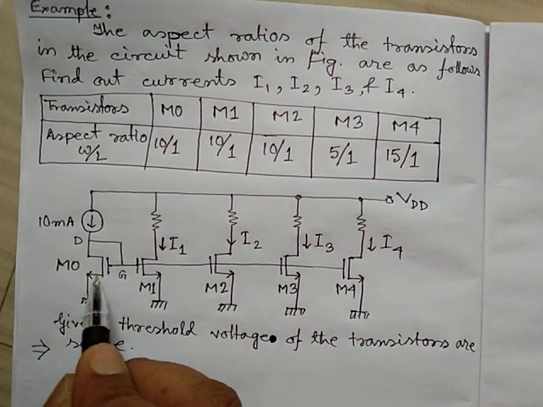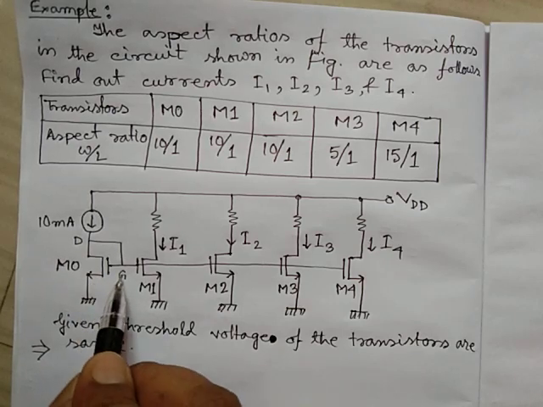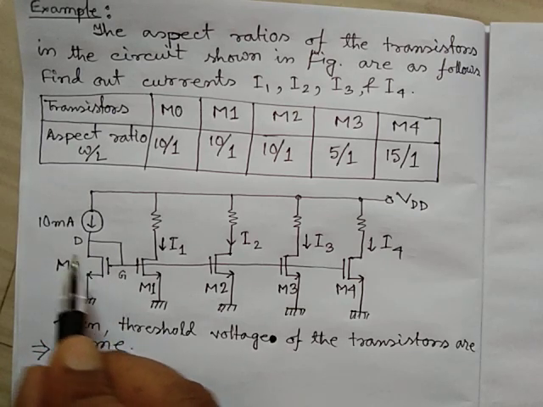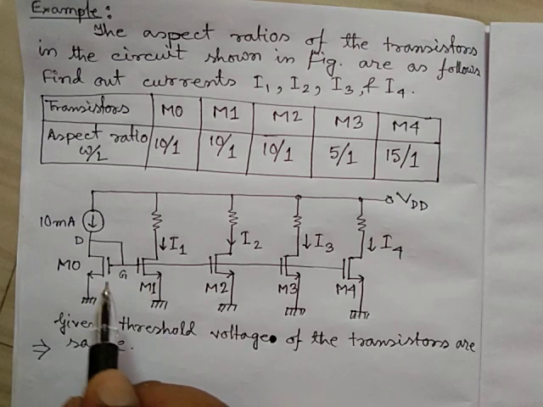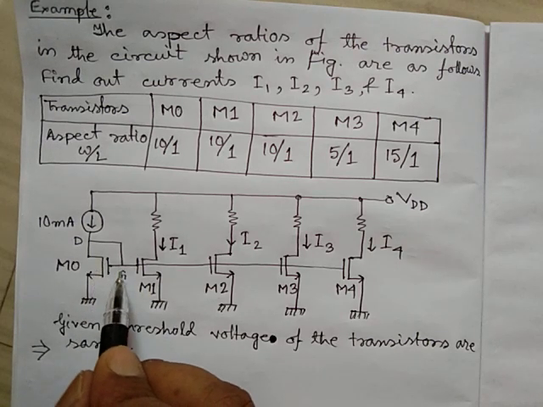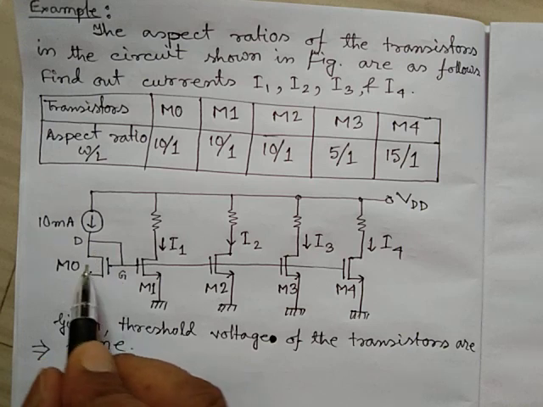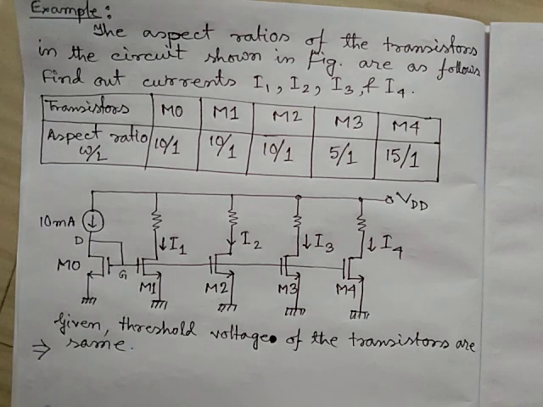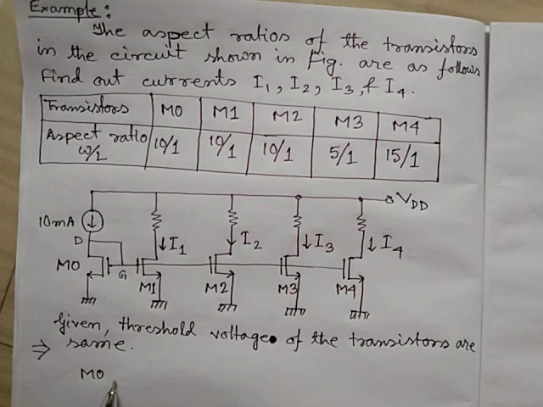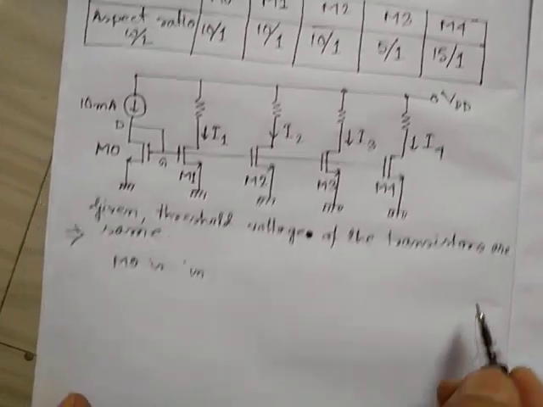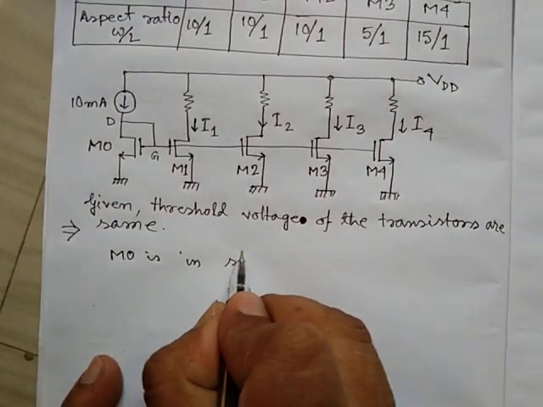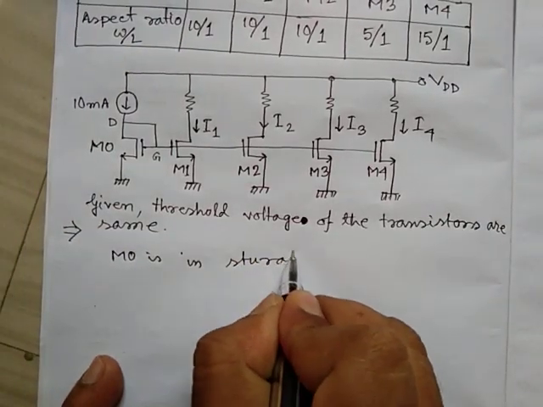This is an NMOS transistor. As the gate and drain are shorted, M0 is working in the saturation region.